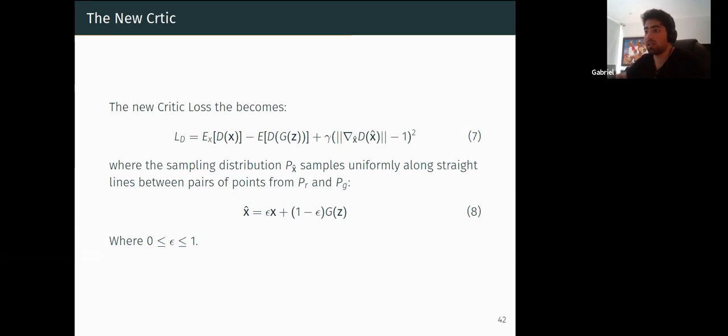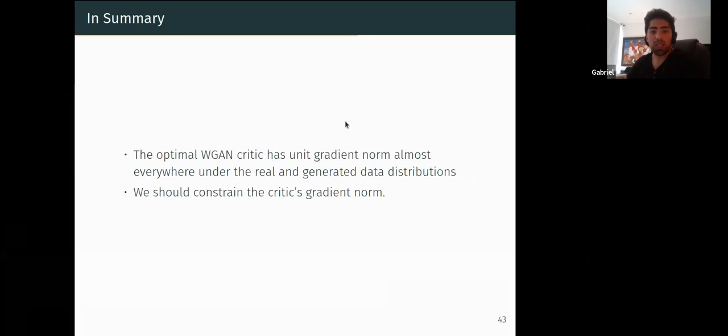This is a mathematical result, and I can certainly provide references, but this is actually going to help us a lot, because by constraining the discriminator gradient's norm, we can improve our convergence and our stability a lot.